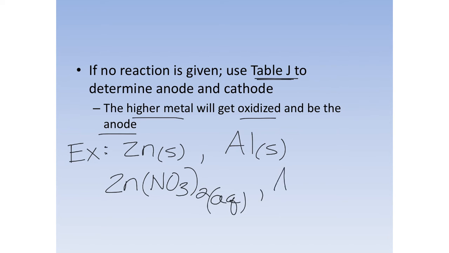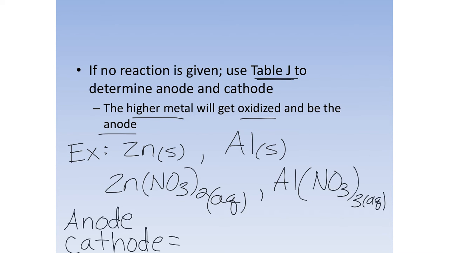And we had aluminum nitrate as our other solution. And what is going to be the cathode? They have to be solids, so it has to be the metals, the zinc and the aluminum.